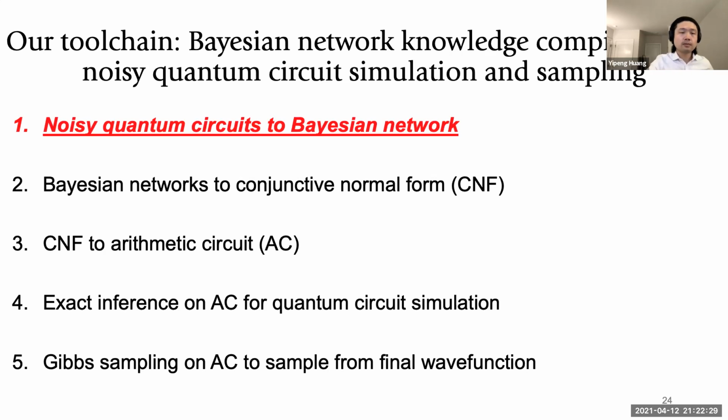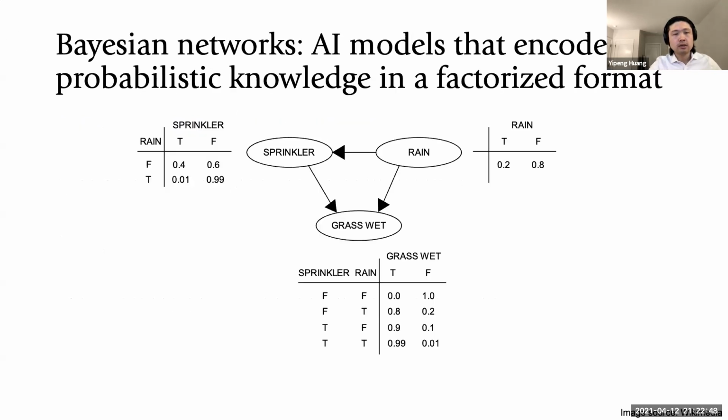So first of all, one insight is that we're able to use the graphical model representation, in our case, a Bayesian network, as a way to represent the quantum circuit and also the noisy, unreliable behavior of quantum circuits, all in one representation. And so here we talk about an example of a Bayesian network.